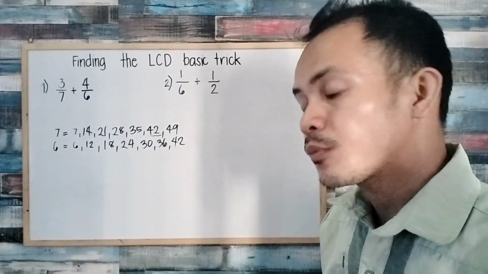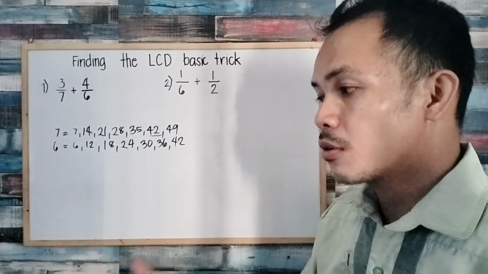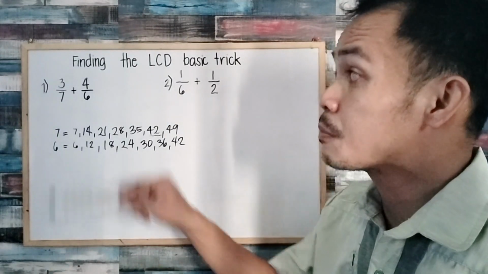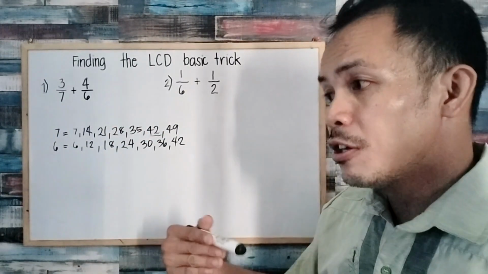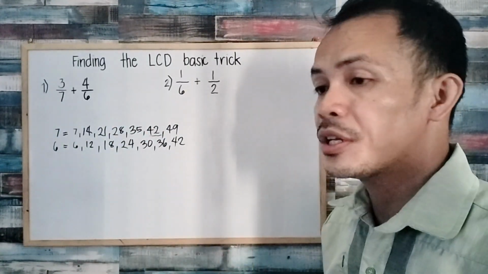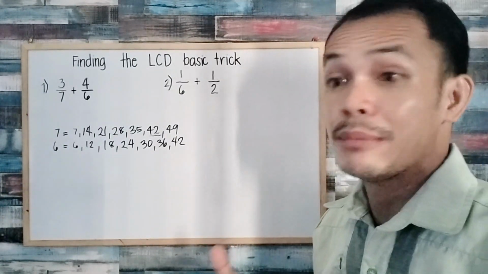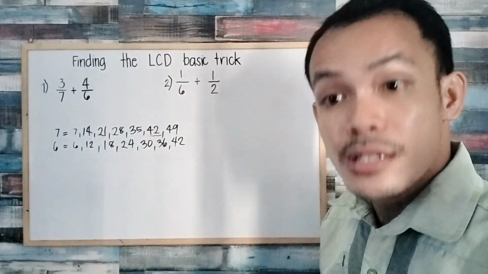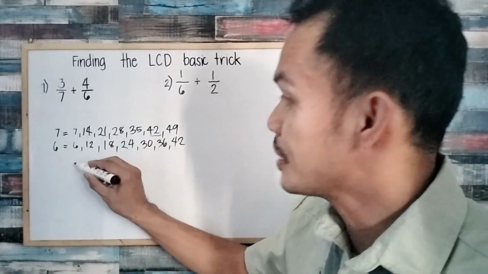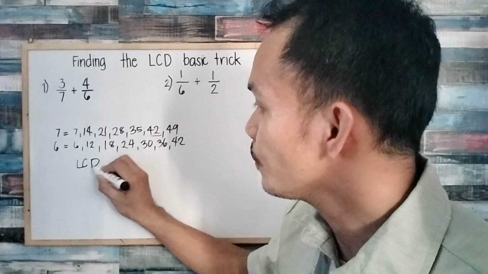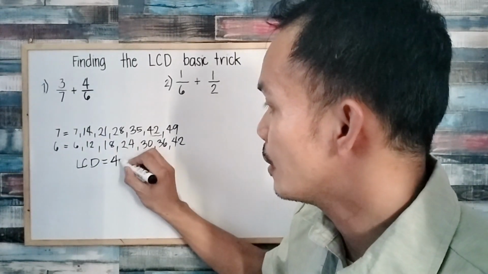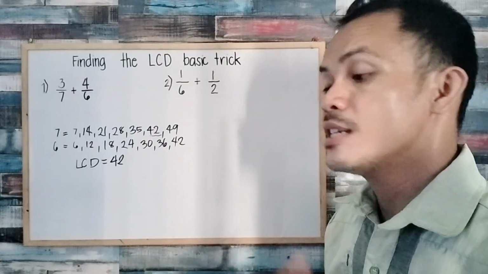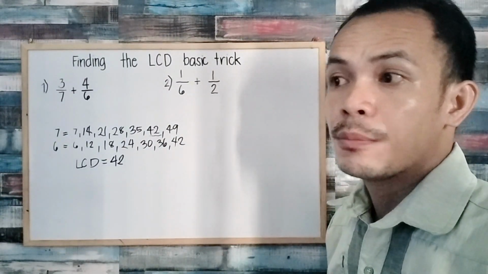Since 7 is a prime number, and the condition is that at least one of the denominators is prime, then you will simply multiply the denominators. So we have 7 times 6, it's 42. So the LCD here is 42. We are done with the first condition, if at least one of the denominators is a prime number.